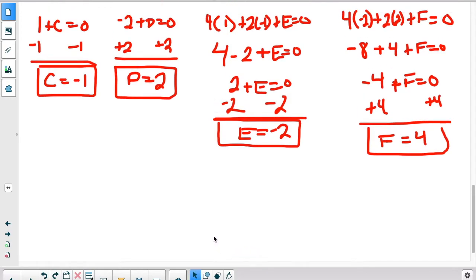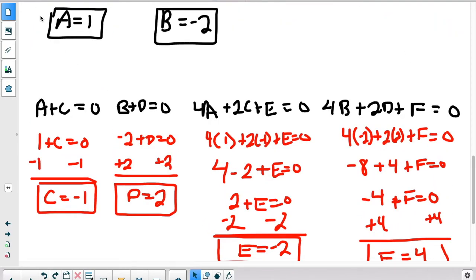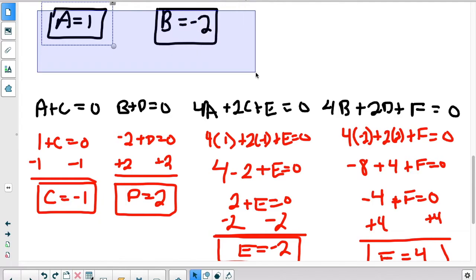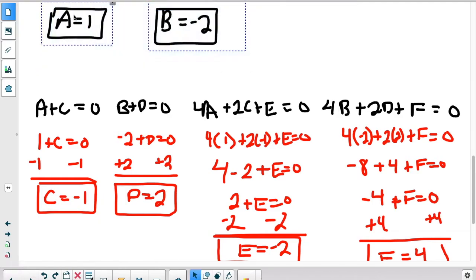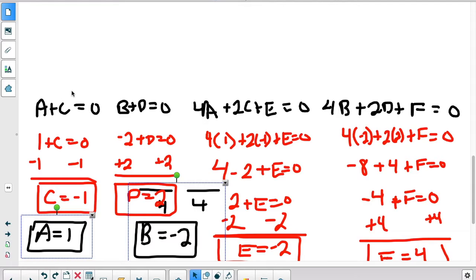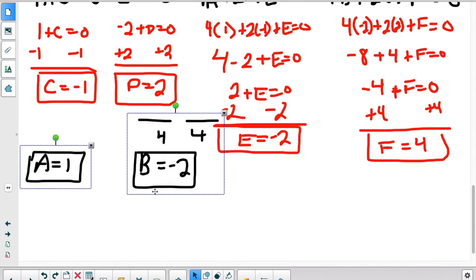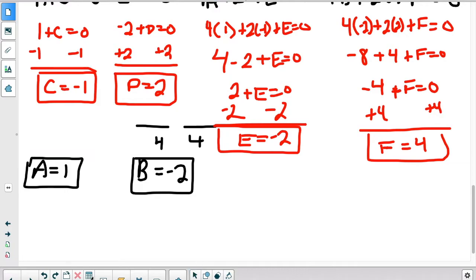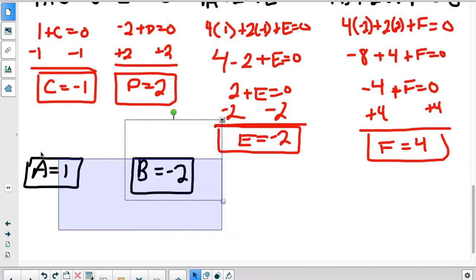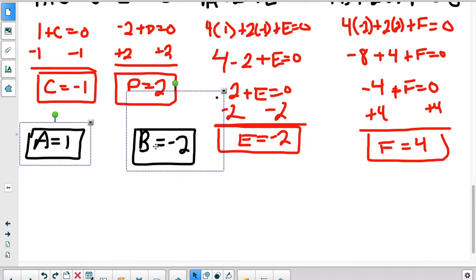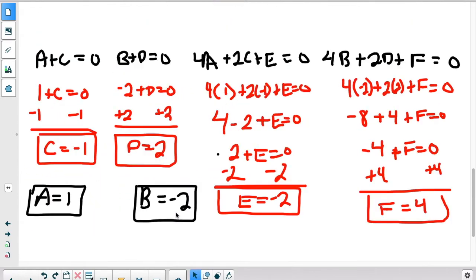Now I'm going to go on and grab these 2 here and bring them down here. So these are all of our letters here.